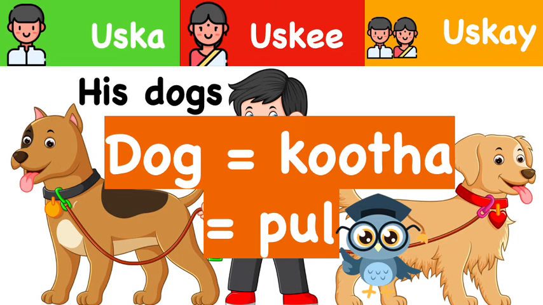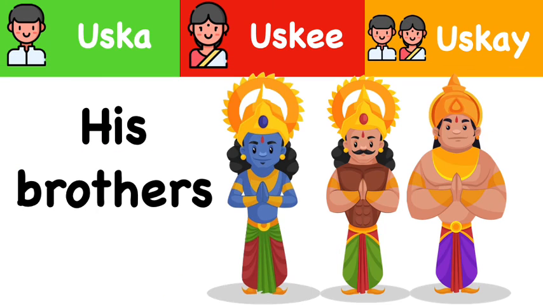Think about whether the Hindi word dog is a pull noun or a stri noun. That's what matters. It does not matter whether the actual objects that you're talking about, whether it's dogs or people or animals, are pull or stri. What matters is if the word is pull or stri.